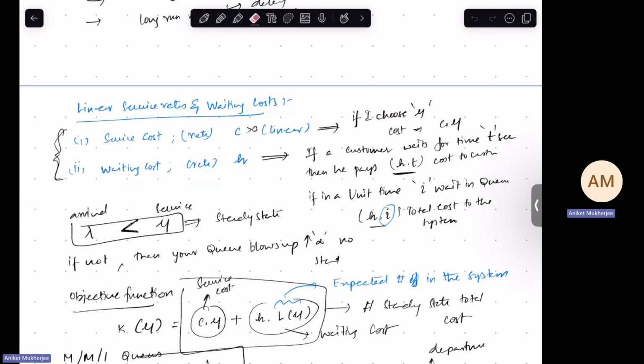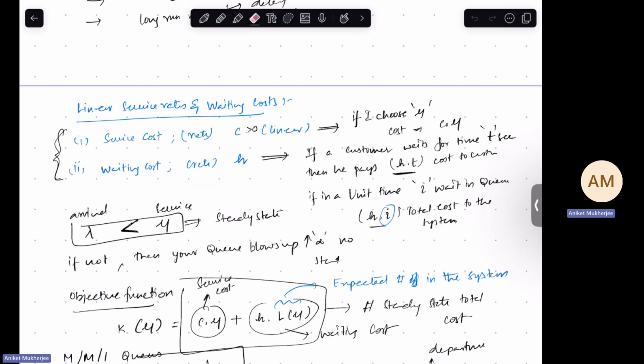Now, the customer cost is h t, but the waiting cost that the system pays is basically in a unit time. Here we are not discretizing the time scale, but we are taking a unit time. In a unit time, if there are I customers, then each of them would cost 1 unit, so a total of I into h is the cost of the total system.